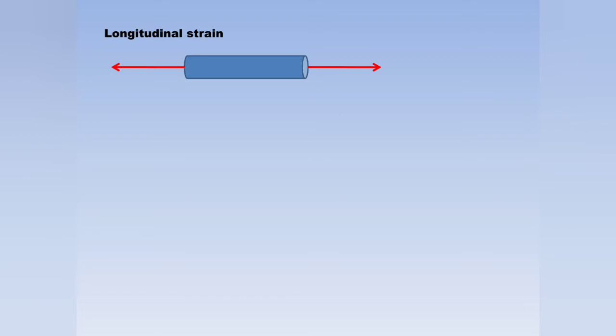Here, the length of the cylinder is very large compared to other dimensions of it. So, here the length is going to change. That is, the length of the cylinder gets increased, and the increment in length of the cylinder is delta L. You can see what is delta L from that figure.